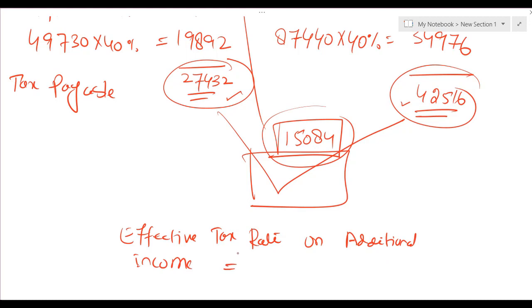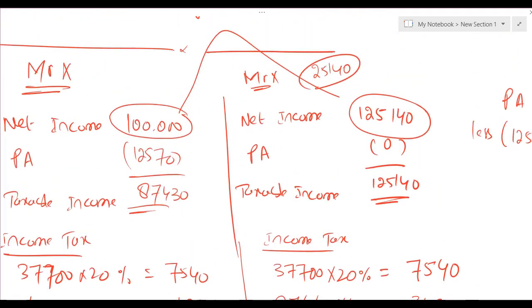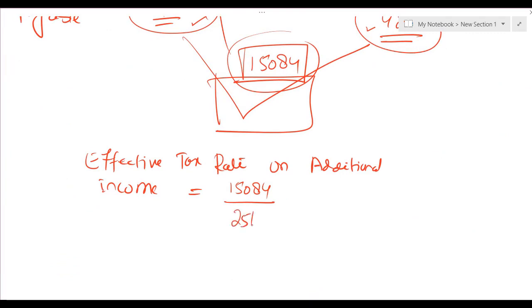He is paying 15,084 additional tax on additional earnings of 25,140. This gives me an effective tax rate of 60%. Wow. So if an individual's income grows from 1 lakh to 125,140 and that individual does not contribute in personal pension contribution, he will end up paying effectively 60% tax on his additional income.